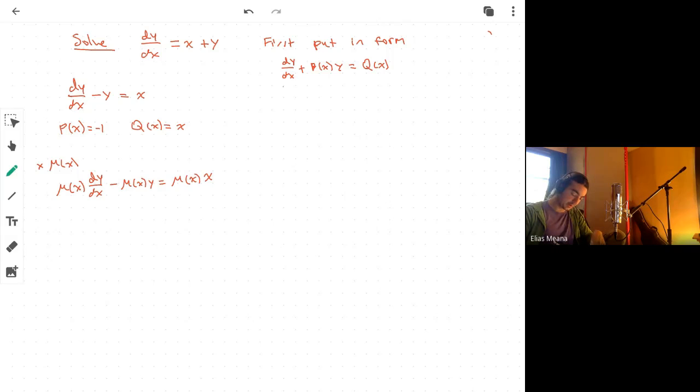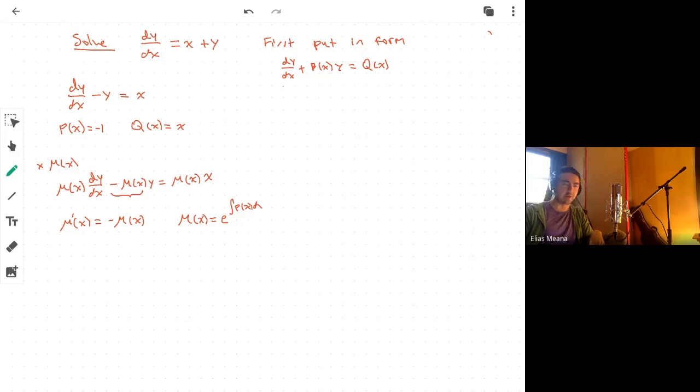We want to force mu prime of x equals this thing, right? Whatever comes in front of y. So in this case, that's minus mu of x. All right. So what that's going to lead us to is that mu of x equals e to the power of the integral of p of x.